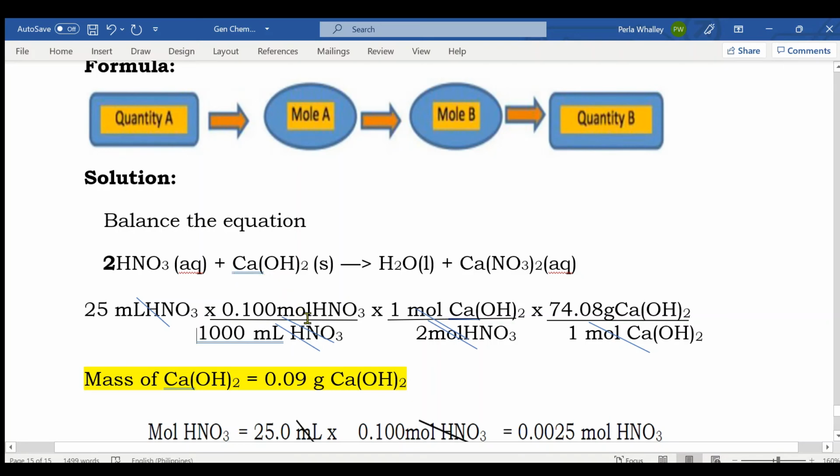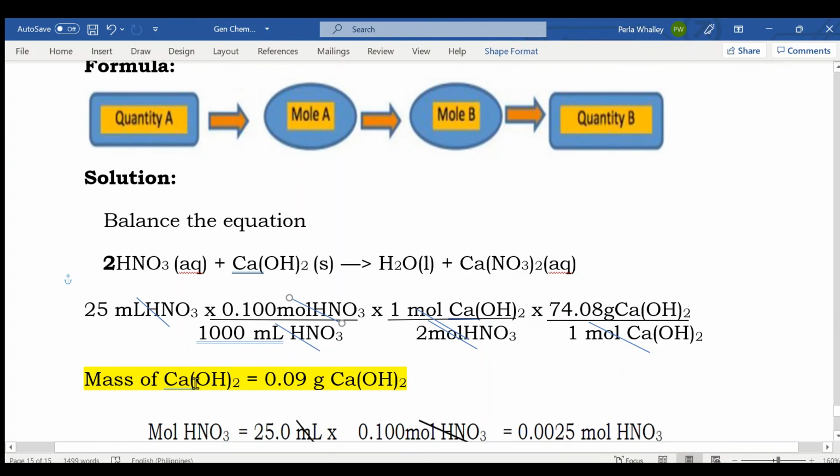Okay, so mole of HNO3 here is in the numerator. We need the 2 moles HNO3 in the denominator to cancel out. Times 74.08 grams calcium hydroxide in 1 mole of calcium hydroxide. This is the molar mass of calcium hydroxide.